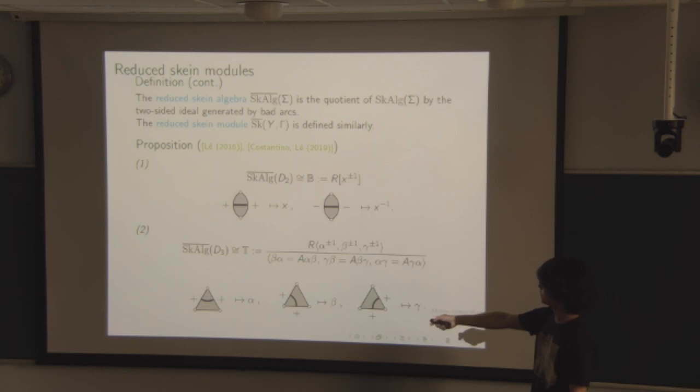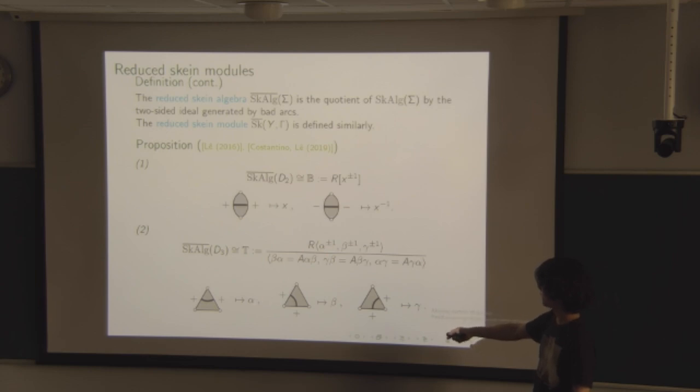The second proposition tells us what the reduced stated skein algebra of a triangle looks like. It turns out that it's a quantum torus, sometimes called the triangle algebra. It's an algebra generated by q-commuting variables alpha, beta, and gamma.